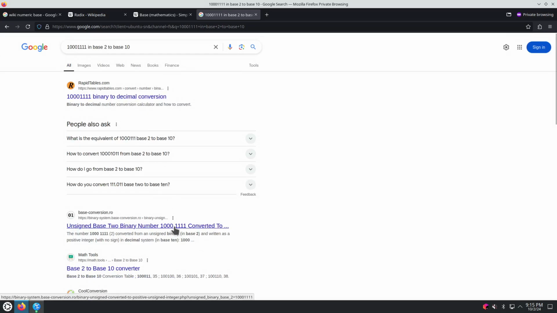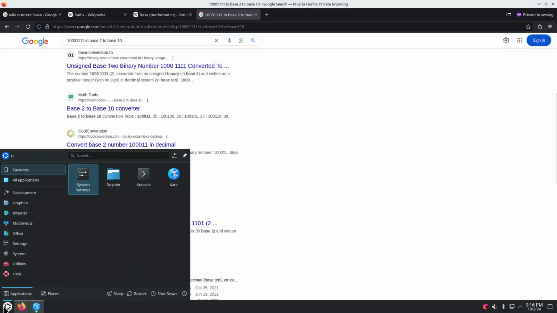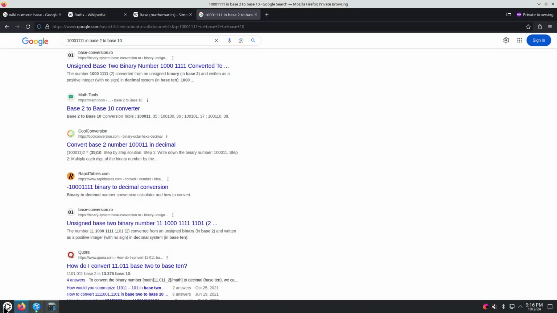There's probably an online website that can do these types of conversions, but I do not know exactly which websites might be. I know that the desktop calculator, both in Windows and in Linux and probably in macOS too, can do these things. So let's try to do that.